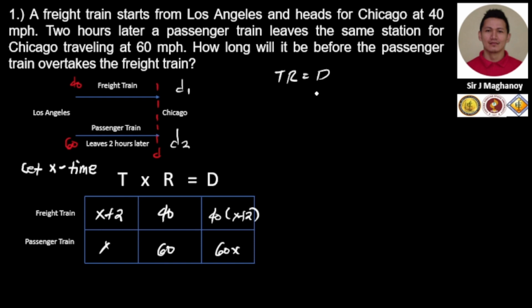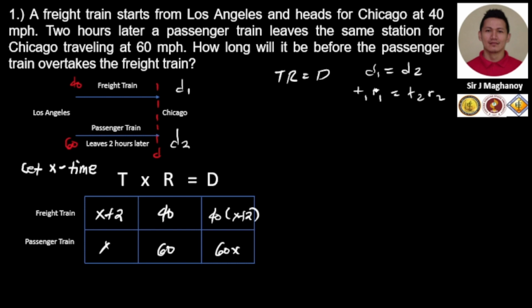Yes. So if d1 is equal to d2, from our formula, that is t1 r1 is equal to t2 r2, right?